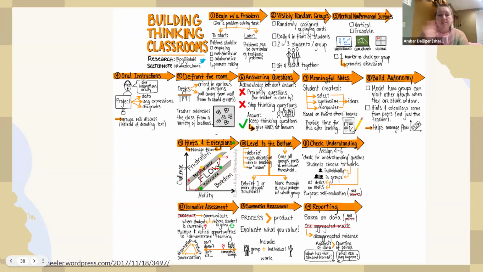And while there's a lot that goes into creating a thinking classroom, we're going to focus today on how students are asking questions, how they're answering questions, and then how we ask and answer questions to really bring out that academic vocabulary.